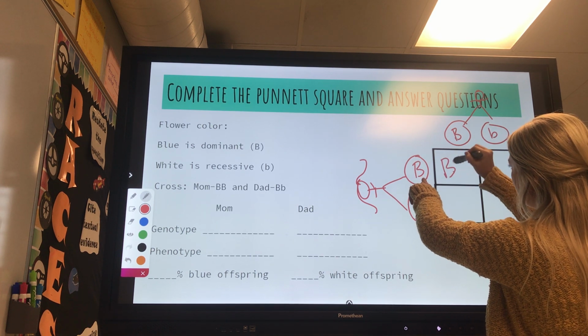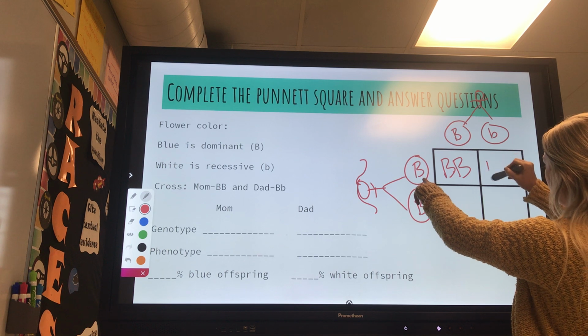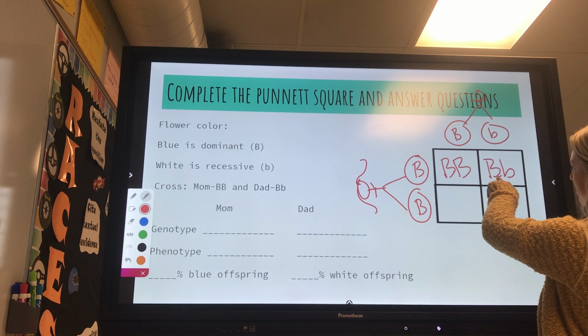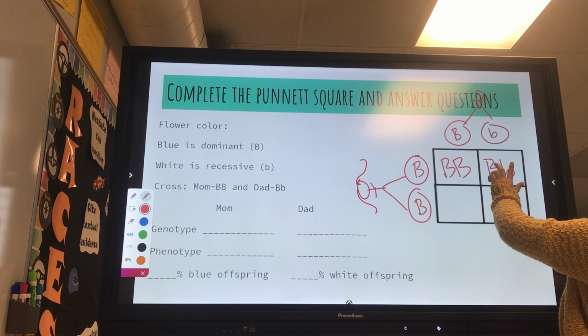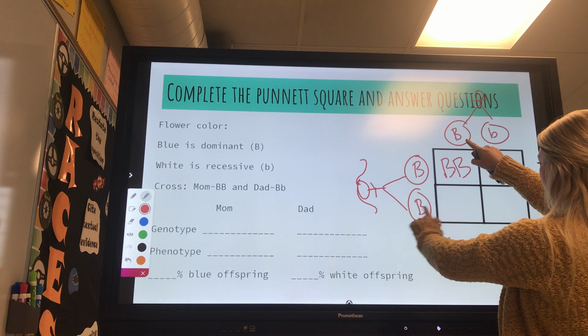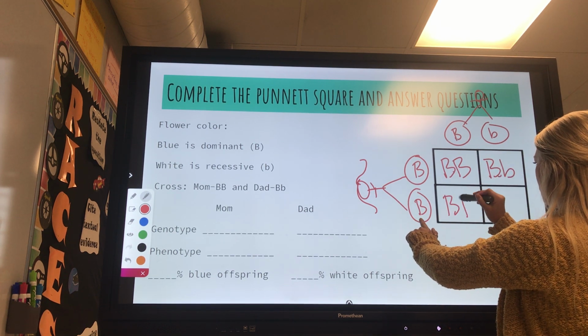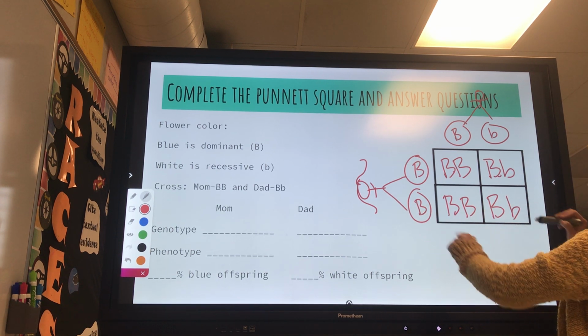I have 2 dominant alleles. All the way up, all the way over, I have a dominant and recessive. Remember, you always want to put that dominant first. You don't want to put little b, big B, okay? It's correct being a dominant and then a recessive. All the way up, all the way over, big, big, all the way up, over, big, little, okay?